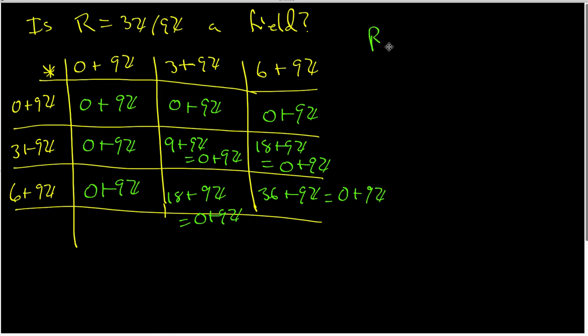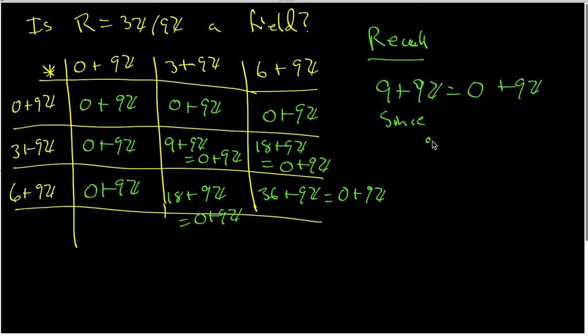And I want to make sure that you remember why. 9 plus 9z is the same thing as 0 plus 9z, since 9 and 0 are congruent mod 9.